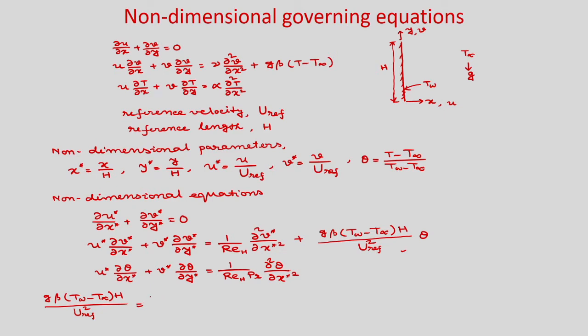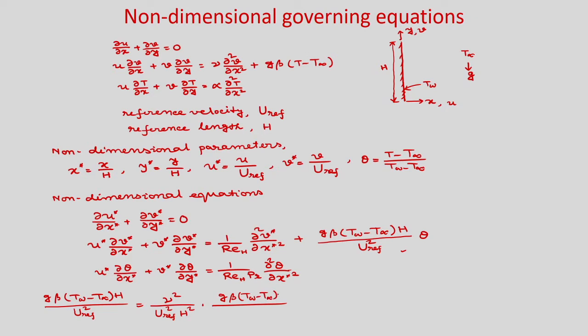We will write nu square by u reference square by h square. So, you can see this will give 1 by Reynolds number square into g beta (T w minus T infinity), and we have divided by h square here.